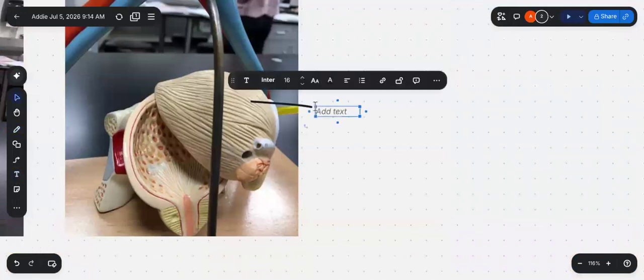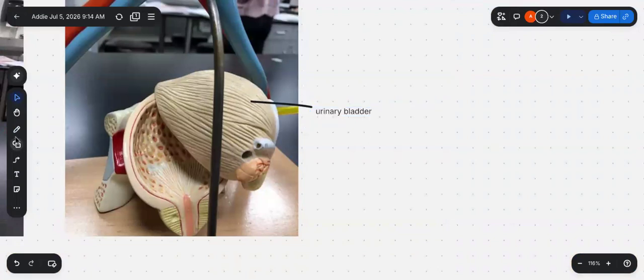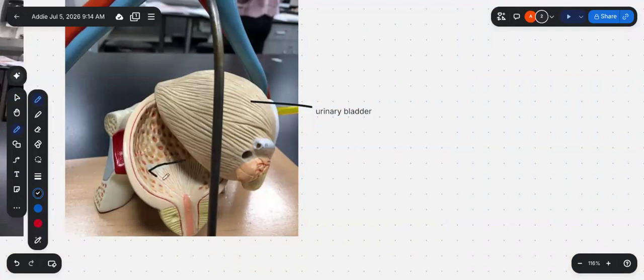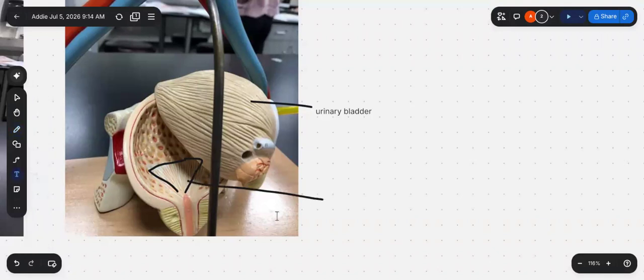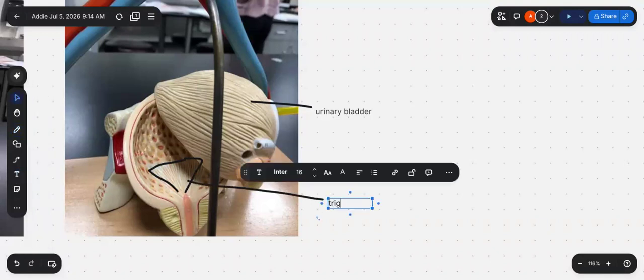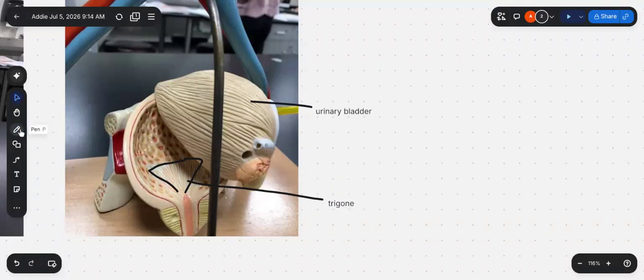And then you can see what the bladder would look like if it was cut in a coronal plane. Inside you have this white triangle. This white triangle is known as your trigone. Very simple to remember, named based upon the shape.